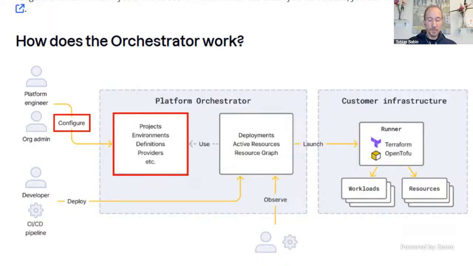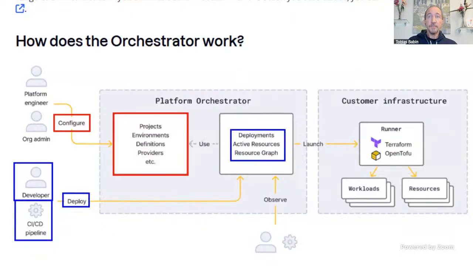The second persona is usually a developer or an automation, a CI/CD pipeline, that will then use that configuration to actually deploy things, to create deployments in the orchestrator.